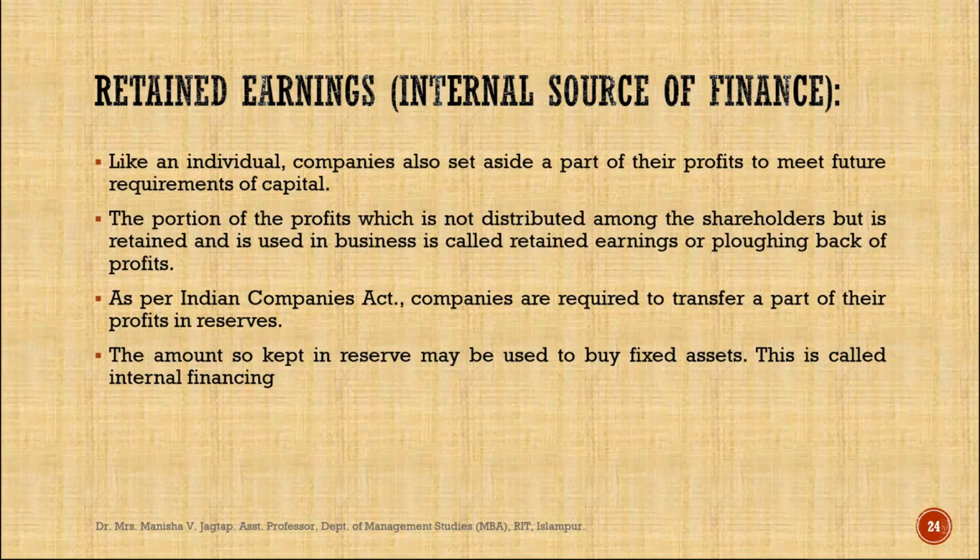This is a source of internal financing or self financing. The profit thus available for ploughing back in an organization depends on many factors like net profit, dividend policy, and the age of the organization.